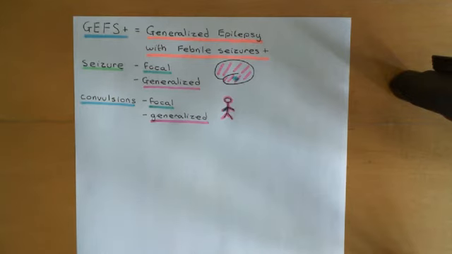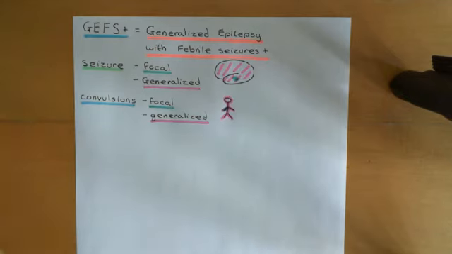So generally seizures lead to convulsions. However, there are numerous types of seizures that don't involve convulsions. So it's important to distinguish between seizures and convulsions, because not all seizures lead to convulsions. Usually, though, convulsions do follow seizures.